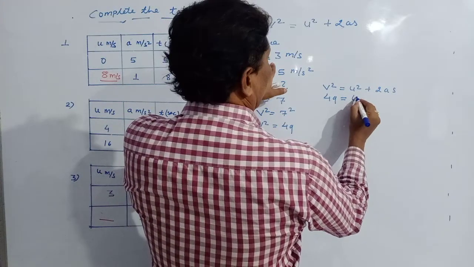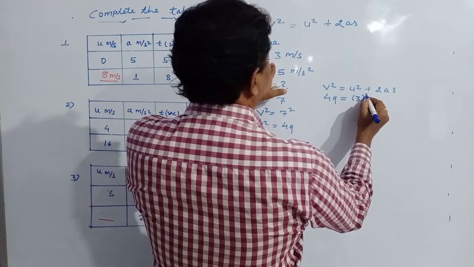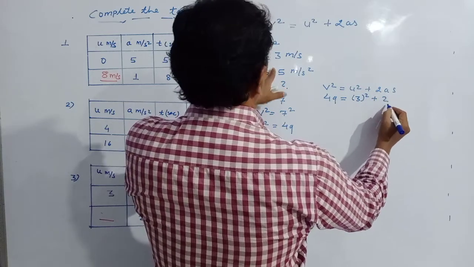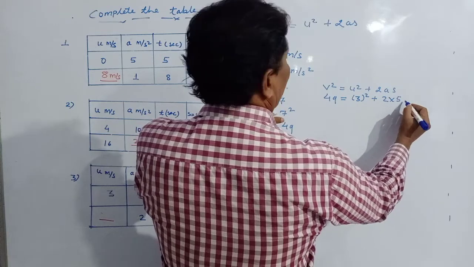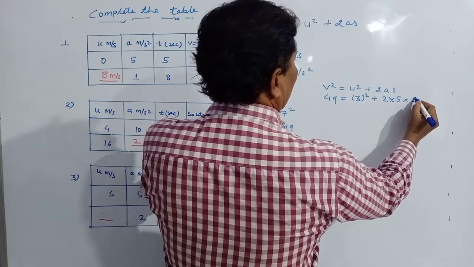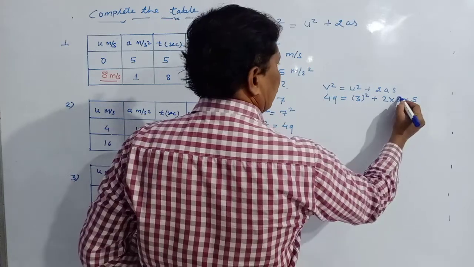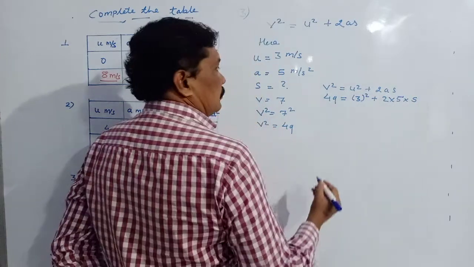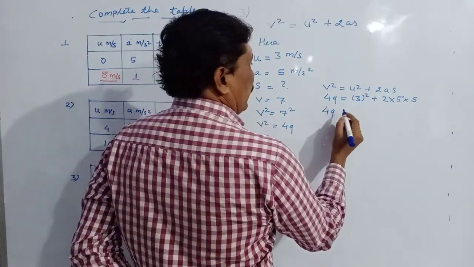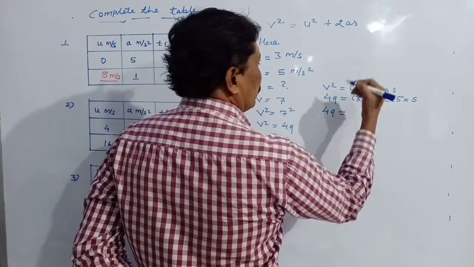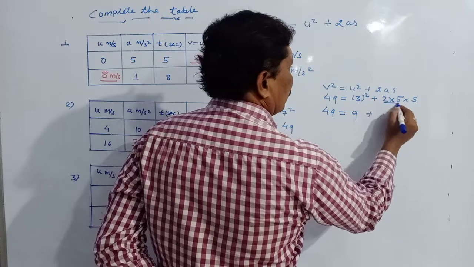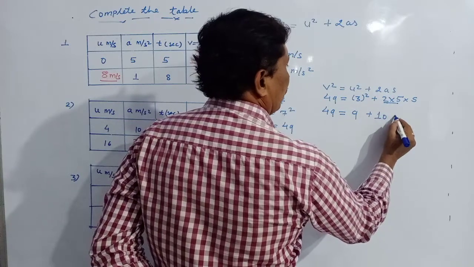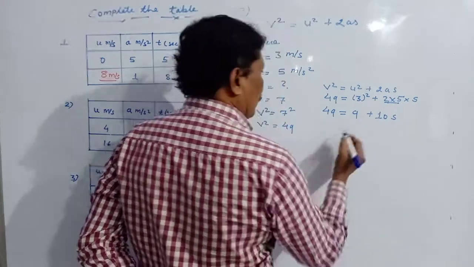U is 3, so we write 3 square plus twice a, a is 5 and displacement is s. 49 is equal to 3 square is 9 plus 5 twos are 10 s.